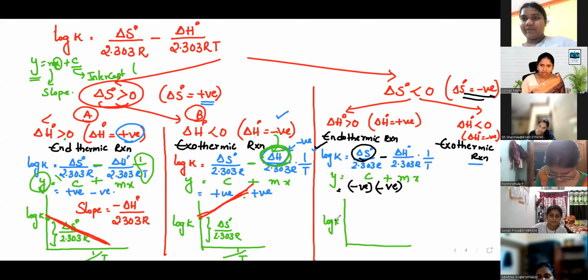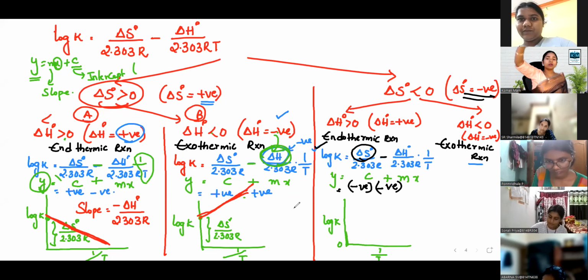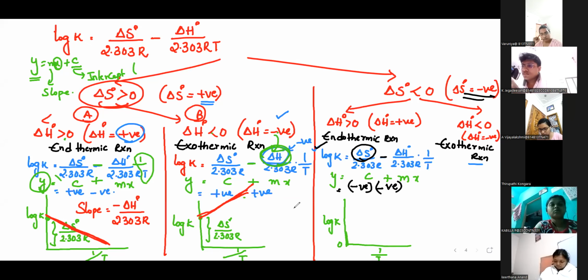X-axis? 1 by T. What is the intercept? Intercept is negative, ma'am. It is minus delta S naught. Very good. Intercept is negative. So this is 0. Above 0 is positive intercept. Now that is negative intercept.